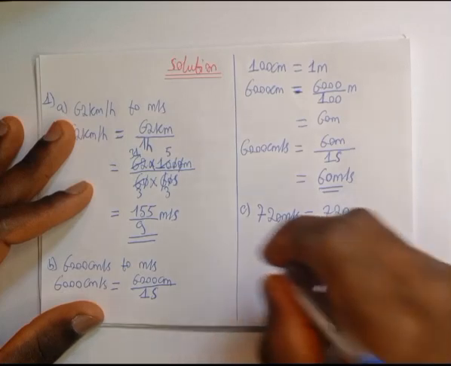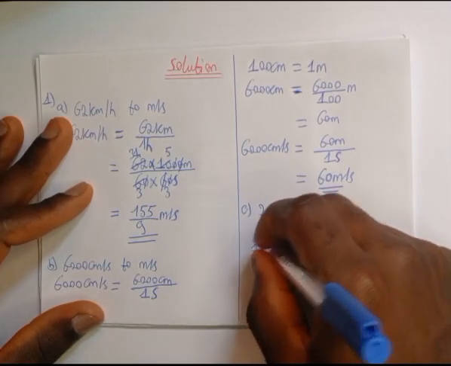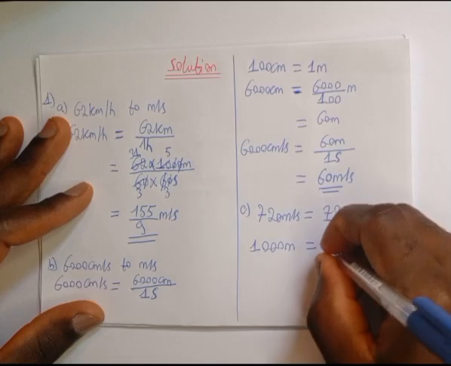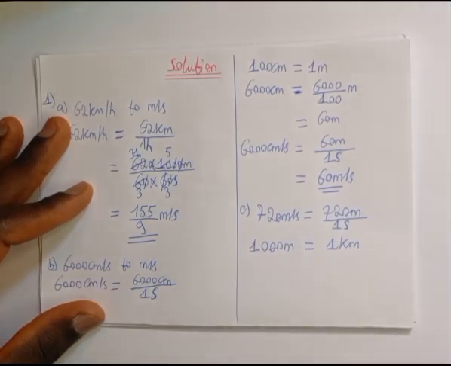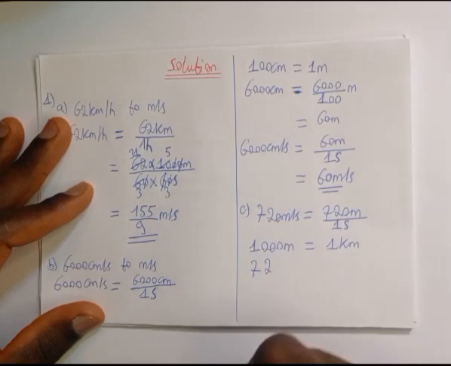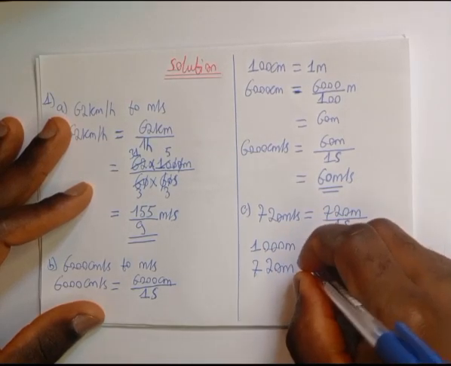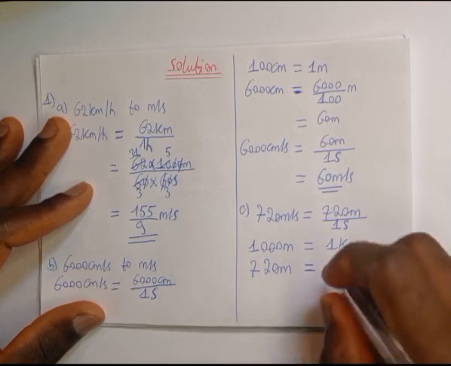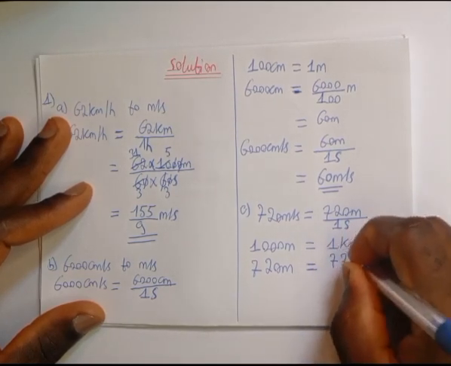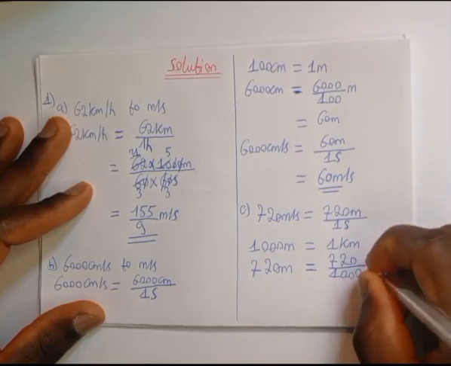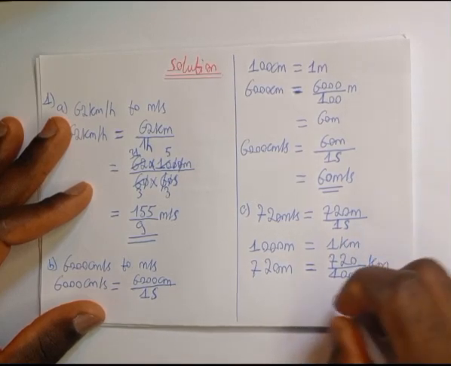First, we know 1000 meters is equal to 1 kilometer. Now we have to convert 720 meters to kilometers. For us to do this, we are simply going to divide 720 by 1000. The unit will be kilometers.